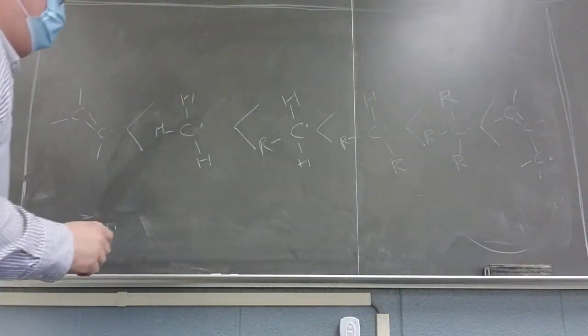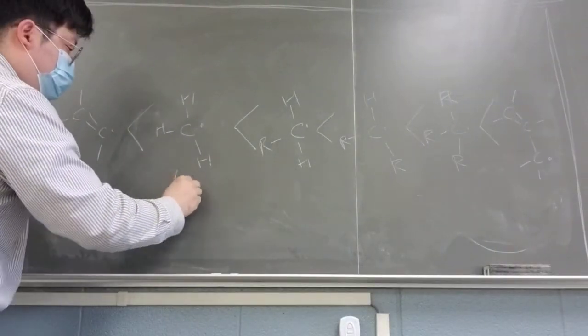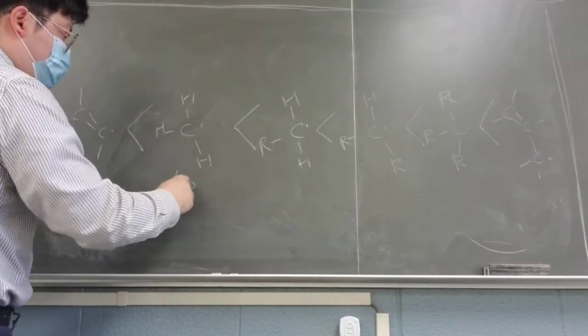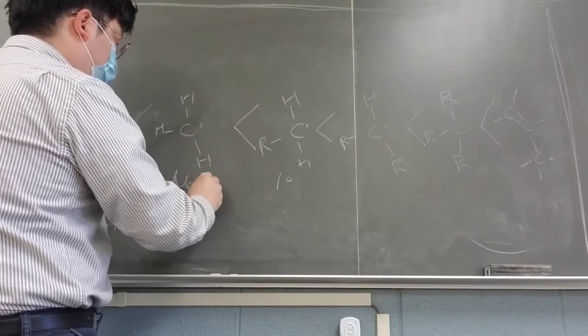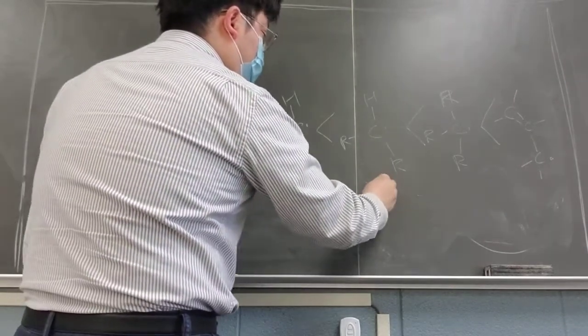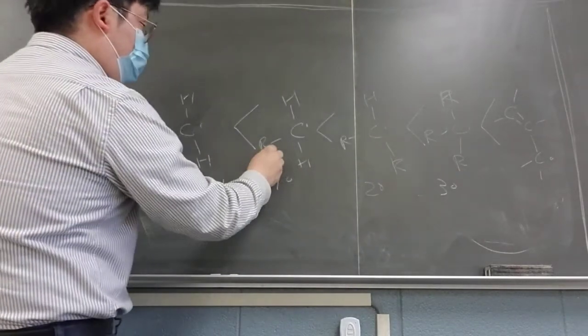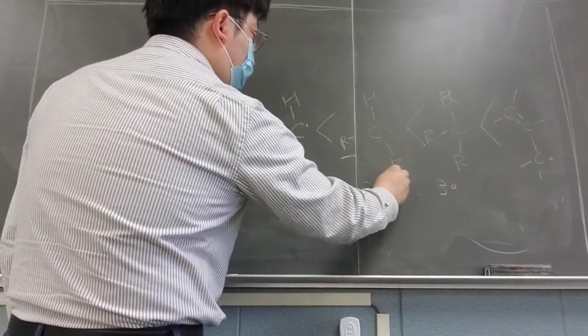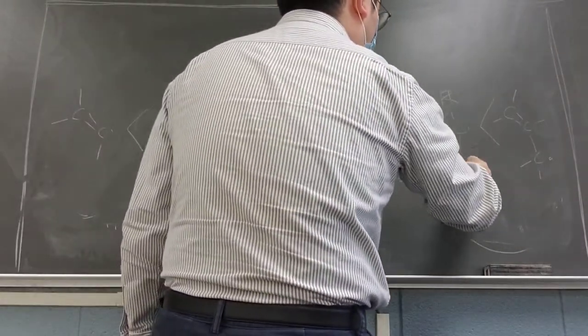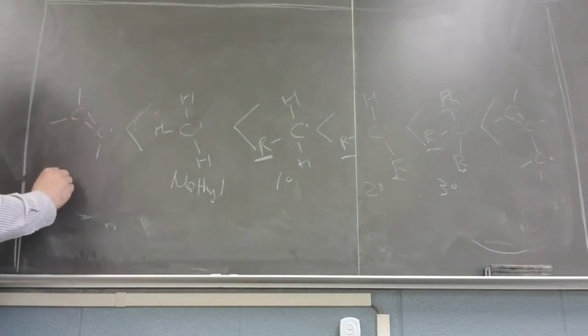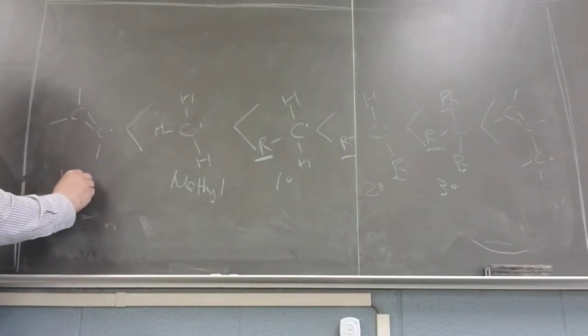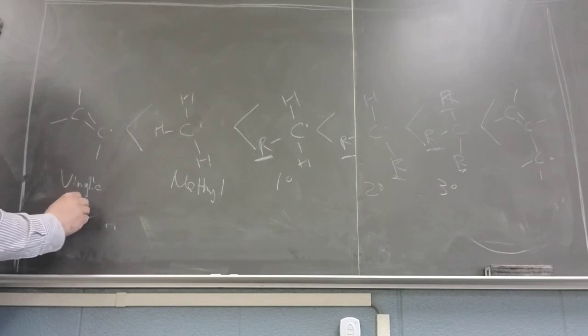So this is a methyl radical, because you know hydrogen radical. This is methyl, primary, secondary, tertiary, because it's only one R group, 2 is secondary, 3. This is what we call a vinylic radical.